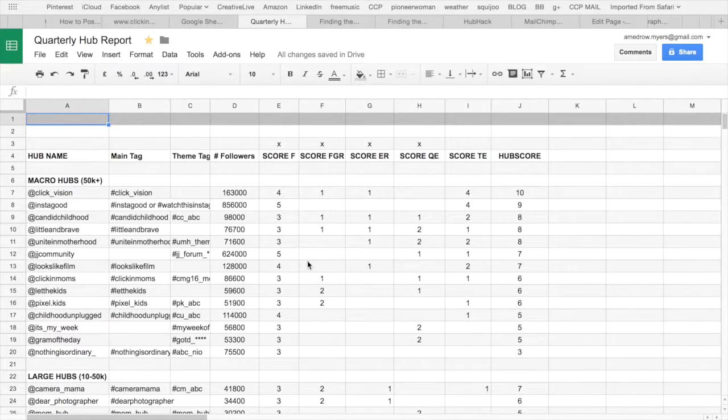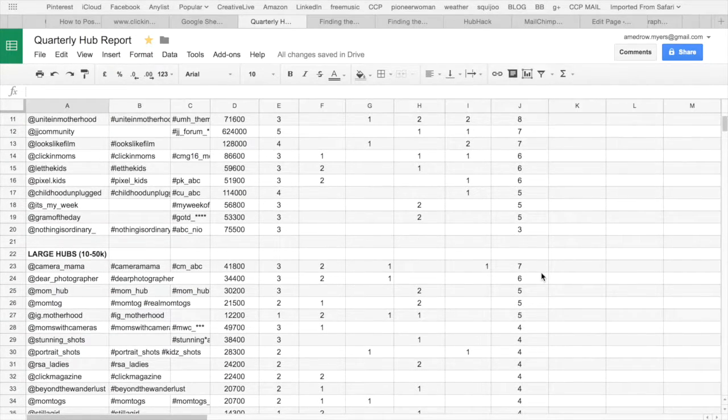So these are the macro hubs, anything over 50,000 followers, and you can see here, Instagood has 856,000. JJ has 624,000 followers. So these are huge macro hubs. So when you're looking at the score, keep it relative to the size of the hub.